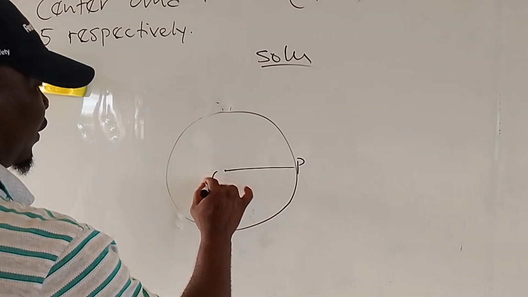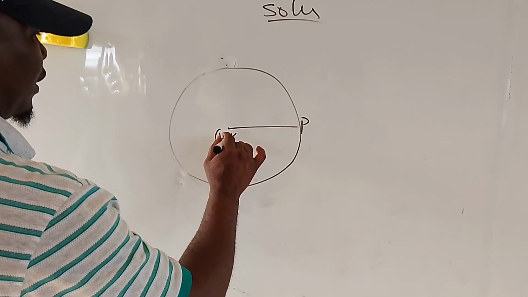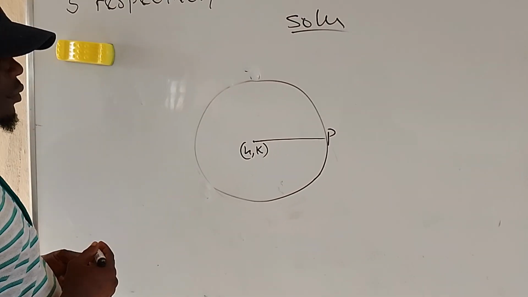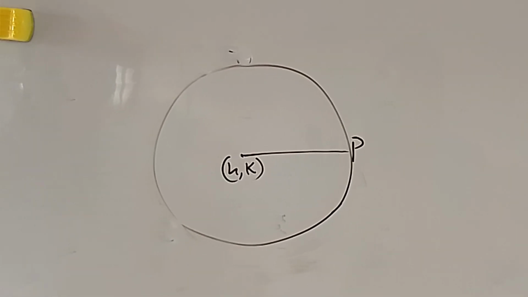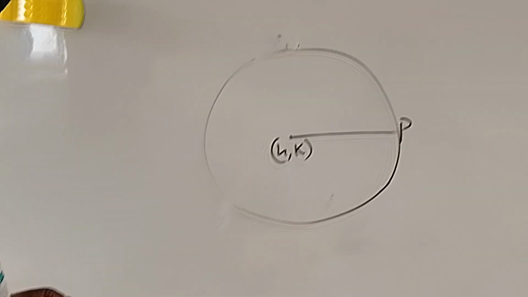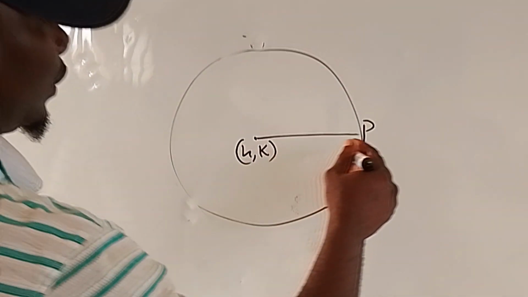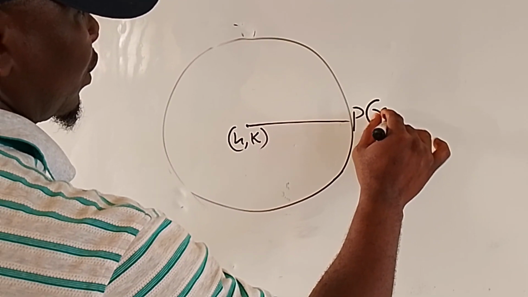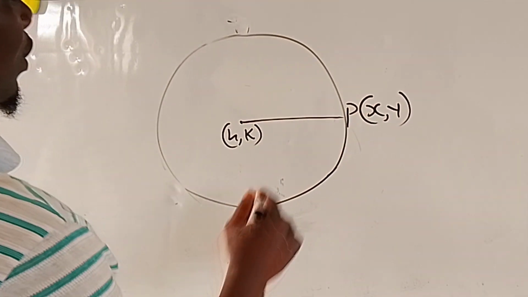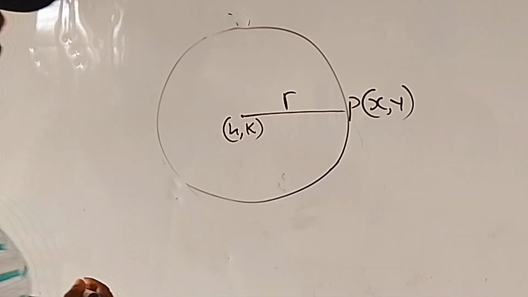So we have center H, K here. So if you agree with me, this is our point X, Y, point P. Then this is our radius.